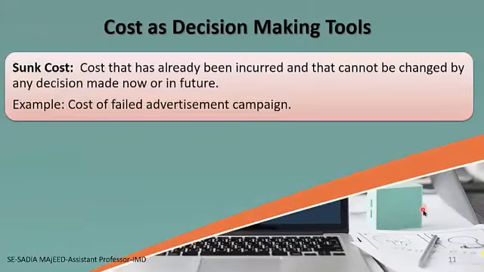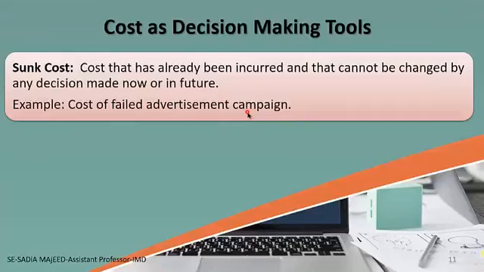Then we have another decision making tool, that is the sunk cost. Sunk cost is that cost which has already been incurred and that cannot be changed by any decision now or in future. For example, the cost of a failed advertisement campaign.